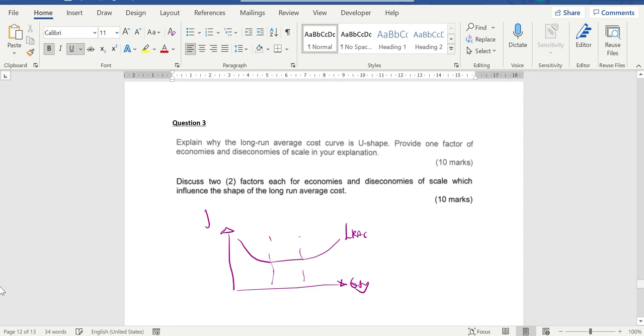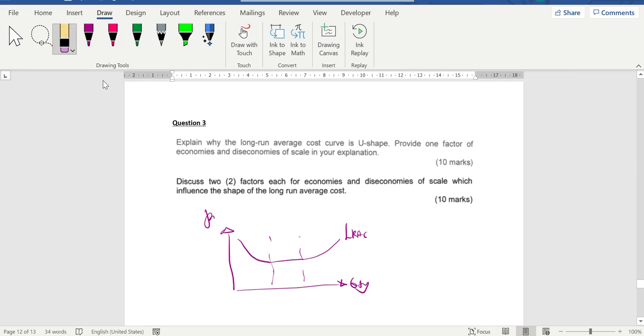Ini adalah long run average cost. So here you tulis economies of scale, advantage. Here kat sini adalah these diseconomies of scale, disadvantage.